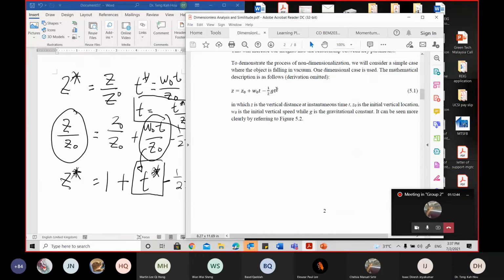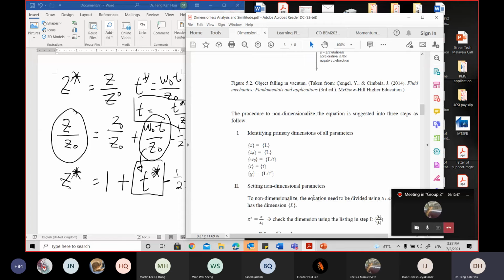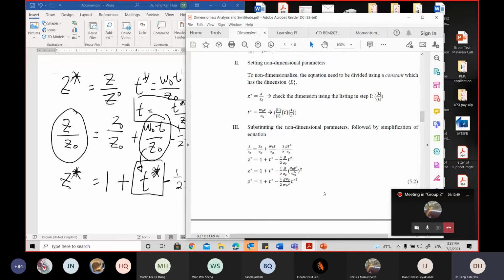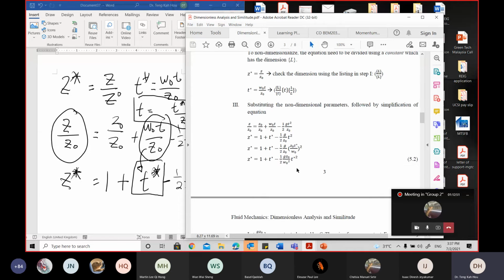g t squared. So you just need to substitute, change your t into t star. And again, as I said, especially for these questions, there's no fixed answer because everyone might have different assumptions to change the things. But what is important is that I'm able to see that you want to divide the things to make it dimensionless, because z star is dimensionless now.